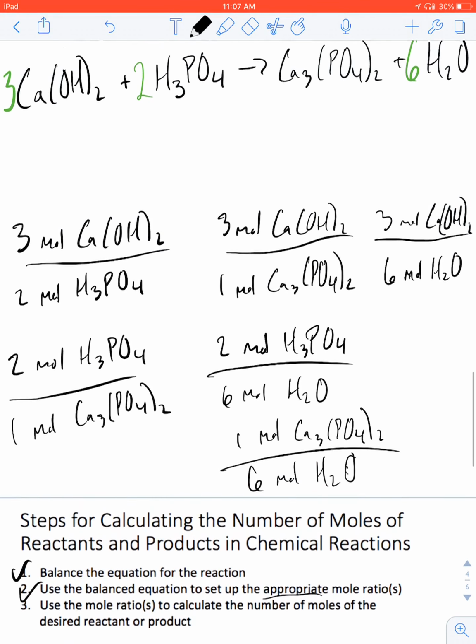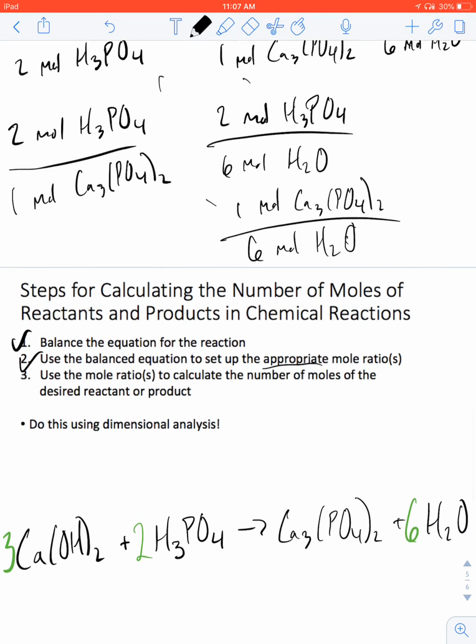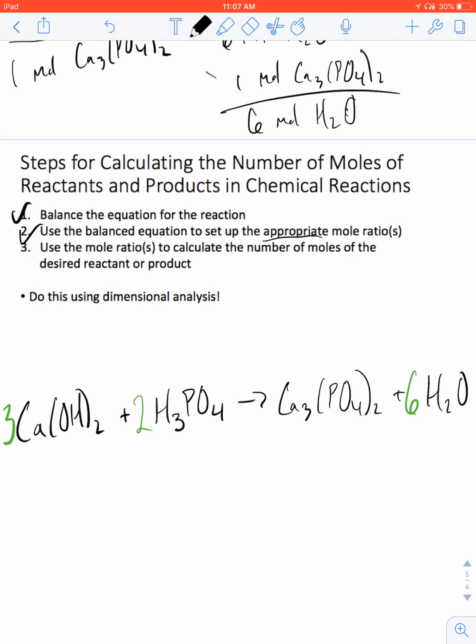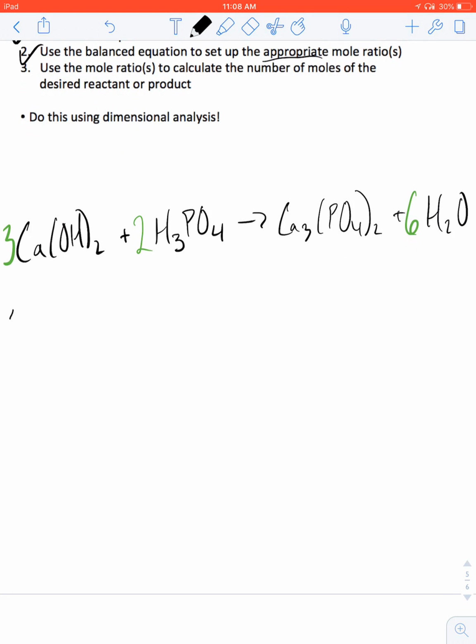However, as we're starting, I suggest you make all of these mole ratios, just for good practice. So step 3 now, use the mole ratios to calculate the number of moles of the desired reactant or product. Well, we need to have a question to solve in order to do step 3. So let's look at our example question here.